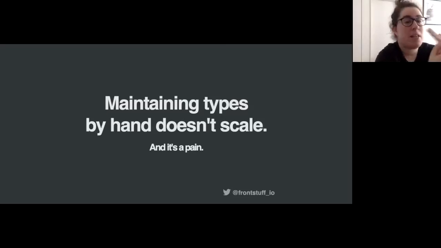Like, I'll be honest, I'm not the one maintaining the types because I just don't want to. It's annoying. It's not reliable. It's bound to be outdated. So I just don't do it. And that's not great for the TypeScript community because they want something they can rely on.